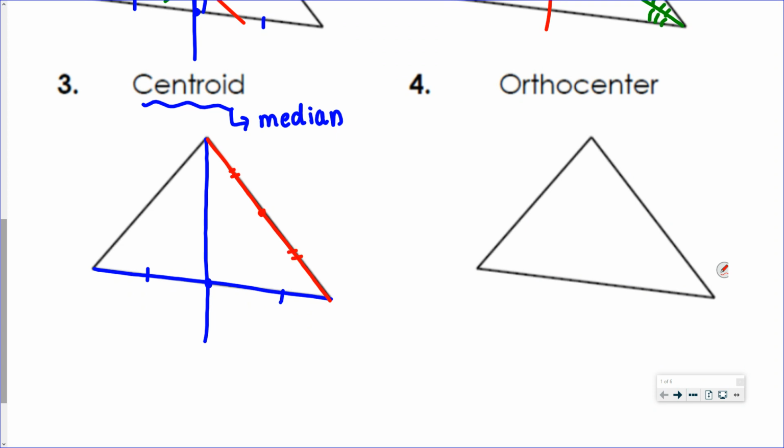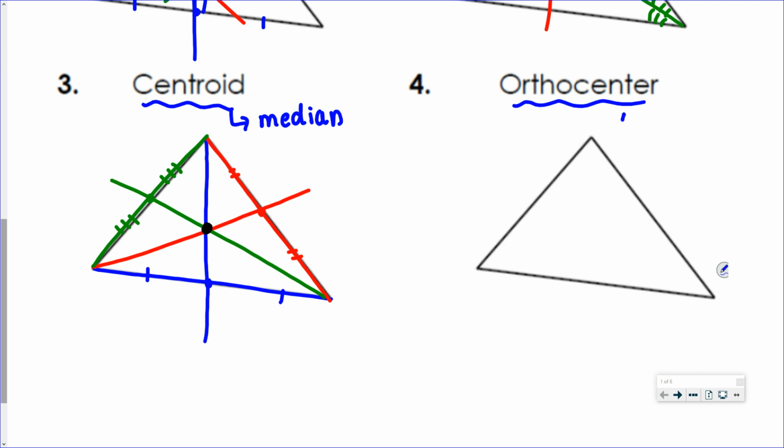So the median would be from the opposite vertex connected through the midpoint. These are the ones that I made you find on the coordinate plane by finding the midpoint of one side and then finding the segment that went through the vertex and through the midpoint of the opposite side. That's your centroid. That is where the triangle balances.